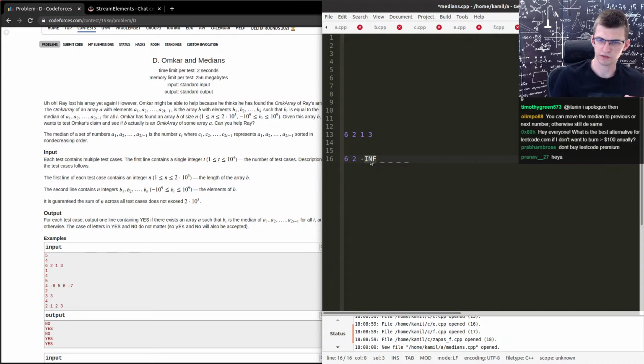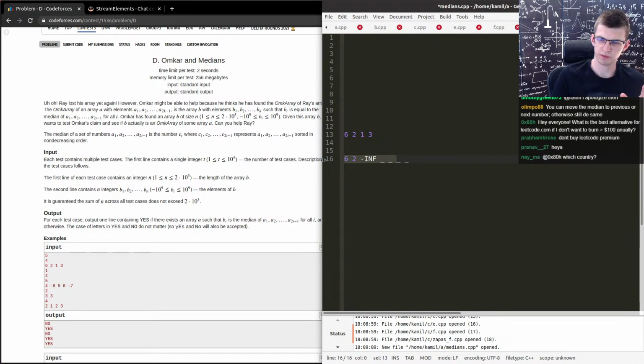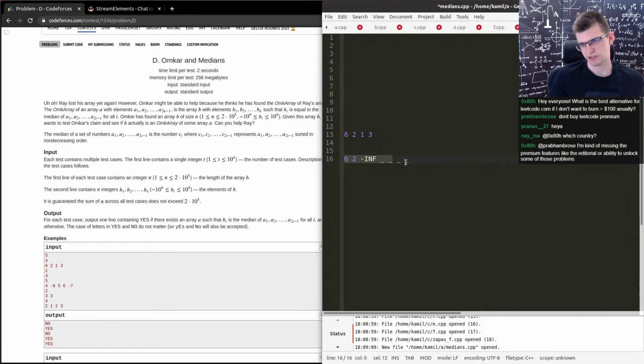If I could put my 1 here instead of minus infinity, then it means that this prefix doesn't care whether this is 1 or minus infinity. And what about this guy? Let's say that this was satisfied and this is now bad. We cannot get this to have a proper median. But if I put 1 here, I could.